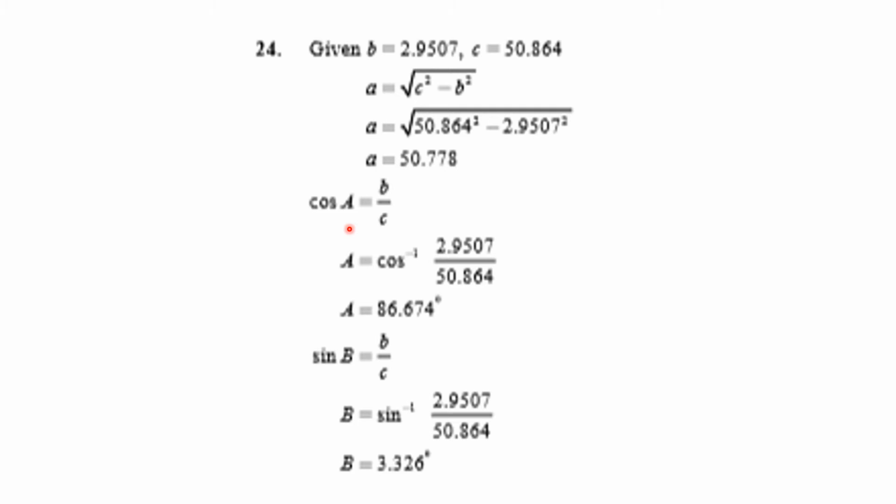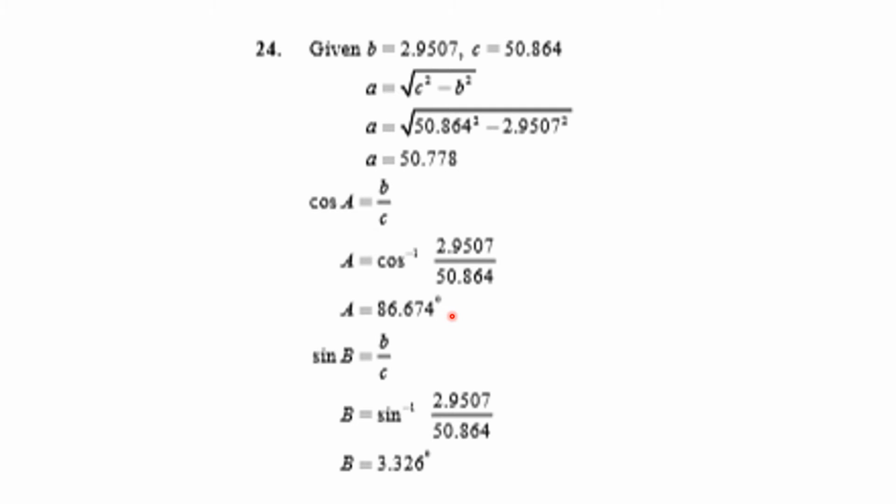Now we know that the cosine of A in the triangle that we have is b over c. And that means that A is going to be the inverse cosine, or arc cosine, of b over c. I plug those in, I use my calculator, make sure I'm in degree mode, and I get this answer for A, 86.674 degrees.